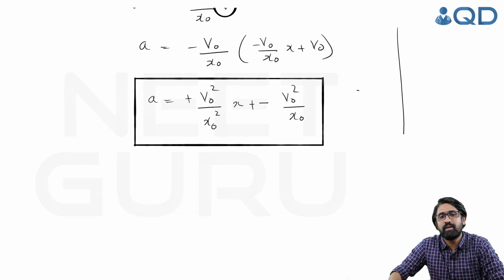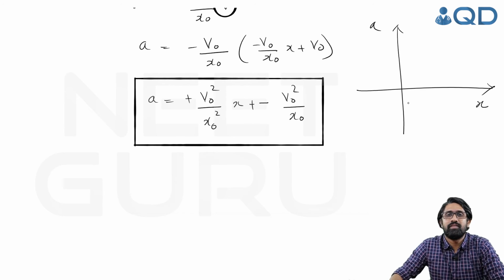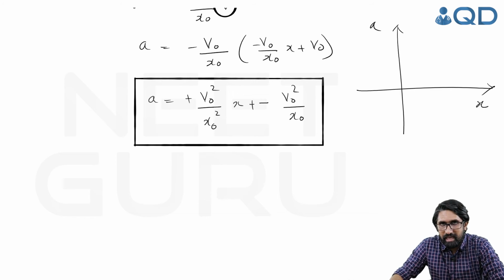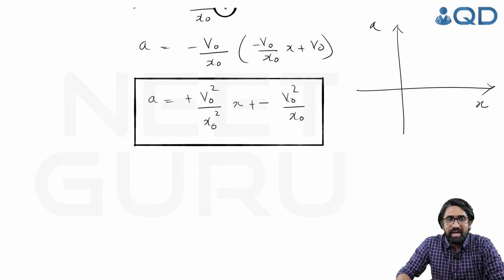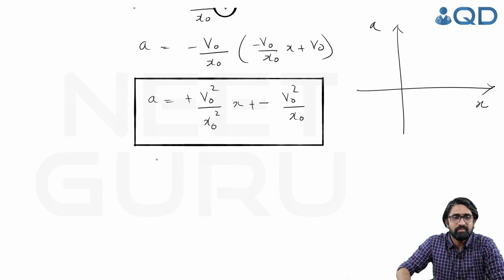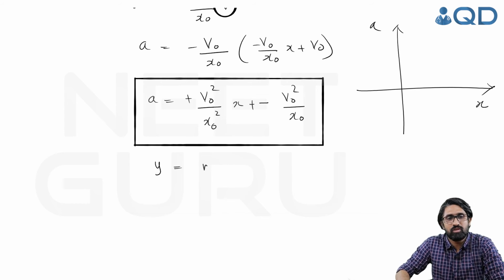With the help of that, we can plot an a-x graph with acceleration on the y-axis and displacement on the x-axis. So now if I try and compare this equation here with respect to the standard equation for the straight line, that is y is equal to mx plus c.